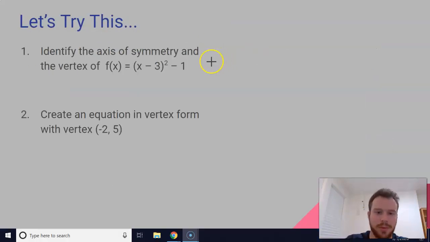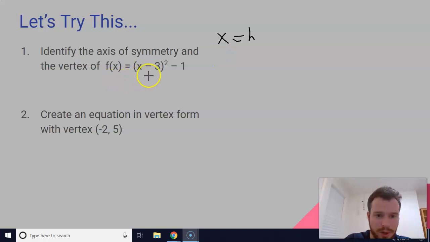So now let's try a couple problems. Number 1 says identify the axis of symmetry and the vertex of f(x) = (x - 3)^2 - 1. For this first part, the axis of symmetry, we can remember that it has the formula x = h.